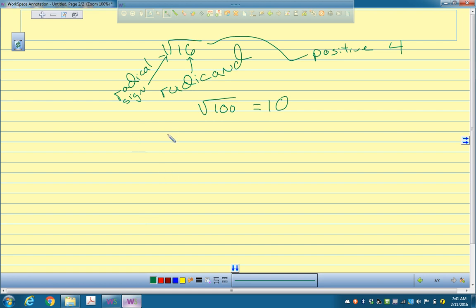What would this be equal to? You guys try this one, okay? Go ahead, put that on your whiteboard. What does the negative mean? That means you take the square root and then you make it negative. Okay? So go ahead.